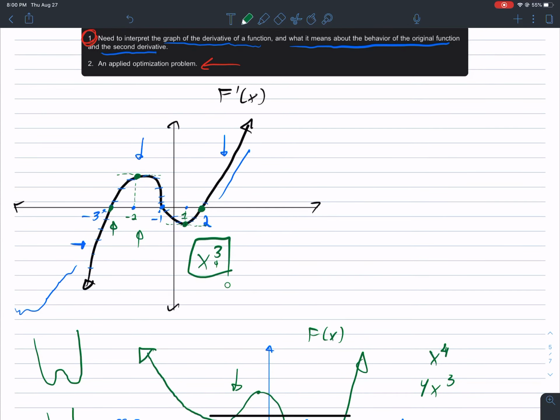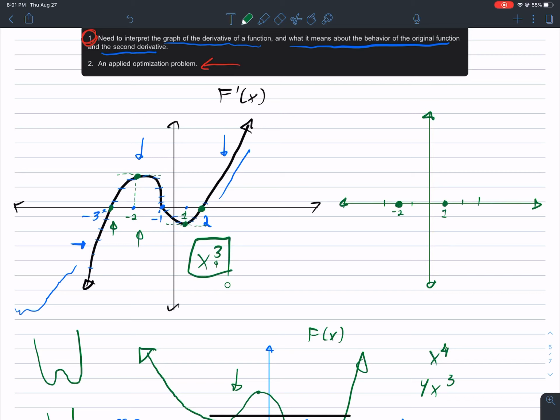So if we know that at x equals -2 and x equals +1 the slope is 0, then we know that the second derivative at -2 and +1 is going to have a y value of 0.